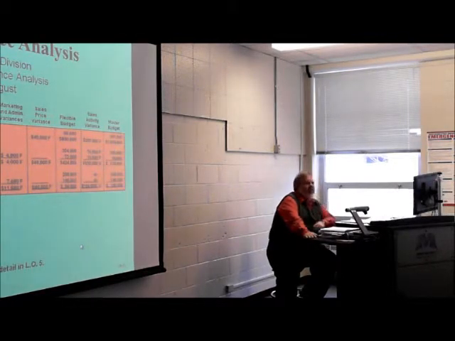Most humans do it. Management definitely does it. If we keep getting favorable variances all the time, what's the gut reaction? Standards are too easy. So what do we need to do? We need to toughen the standards up, raise them up, right?